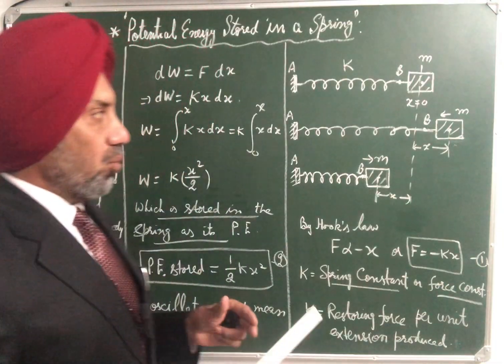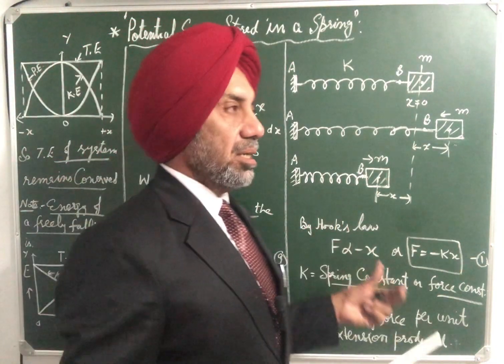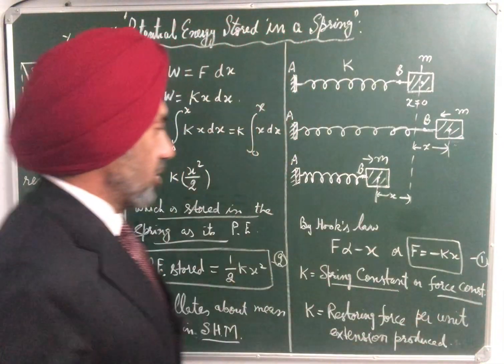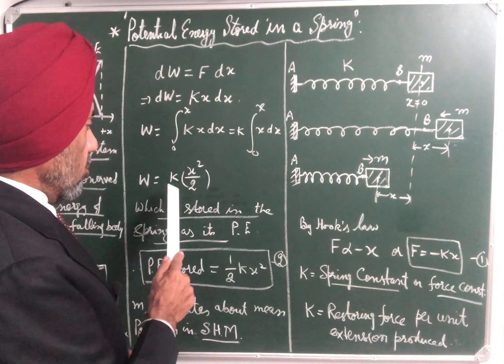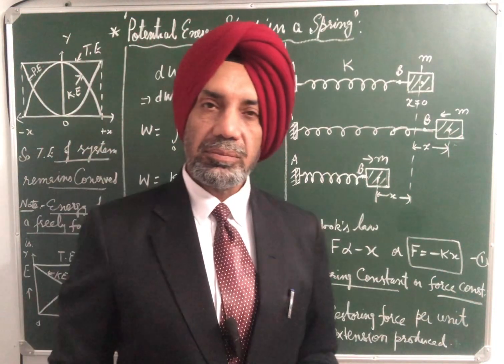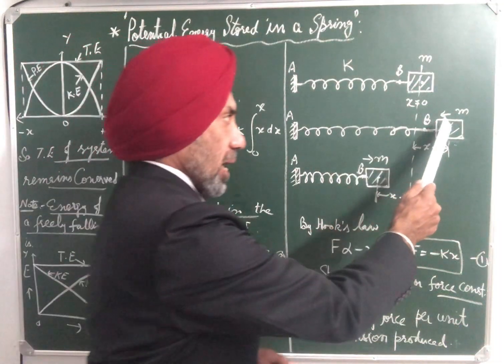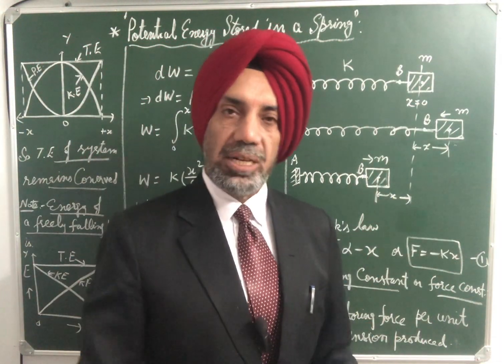It means the amount of work done in stretching the spring or mass m through a certain distance x from the mean position is given by W is equal to half kx square. This work done is stored in the spring as its potential energy.